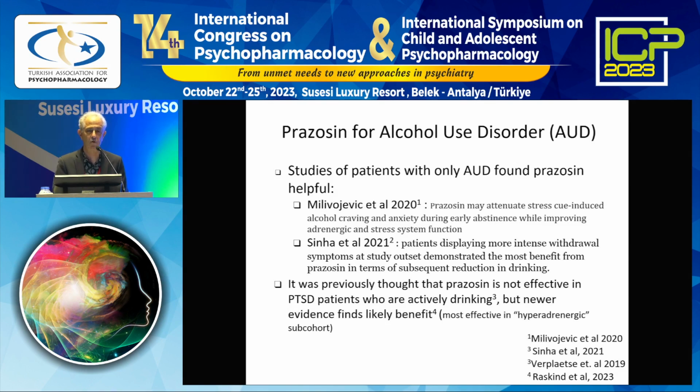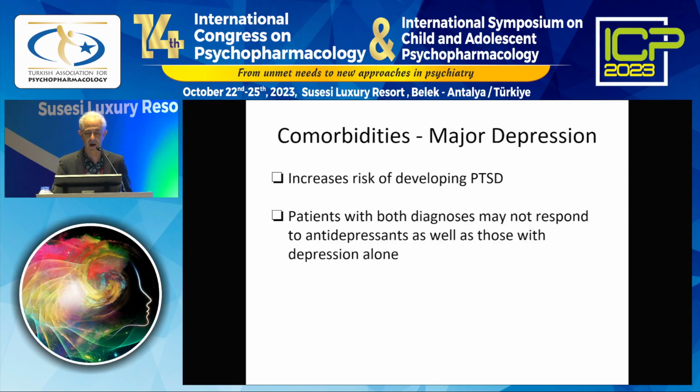Again, I'm going to say more about this shortly. But the subgroup of alcoholics who had the hyperadrenergic type of PTSD responded better to prazosin than placebo for their alcohol use problem. So it's an interesting area where there's a lot of active research going on right now.